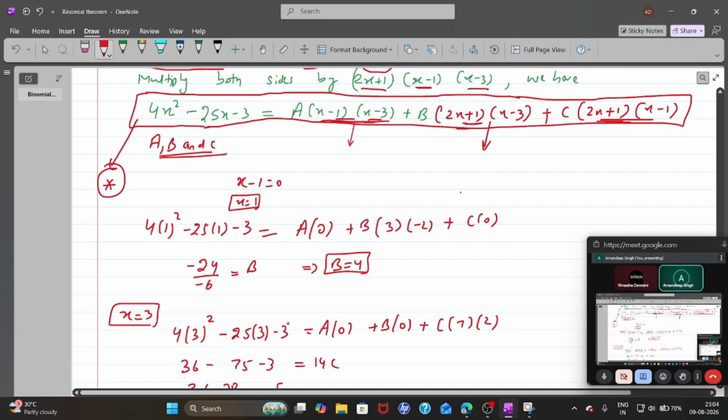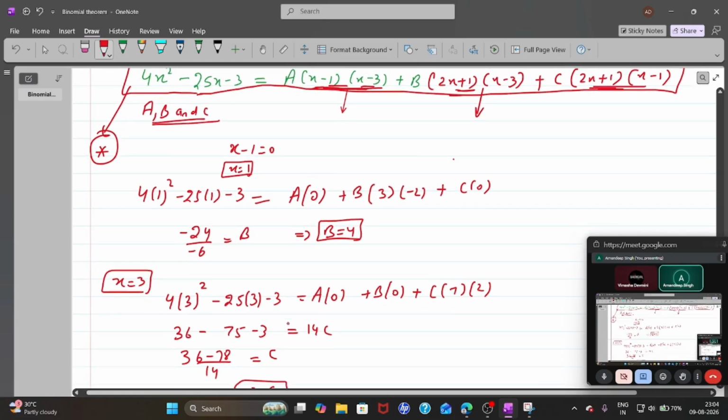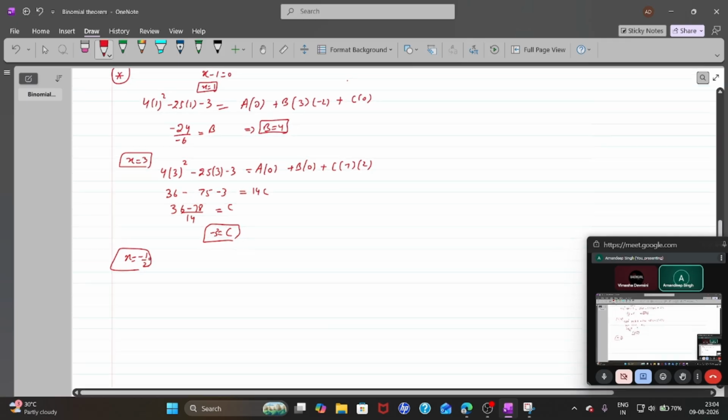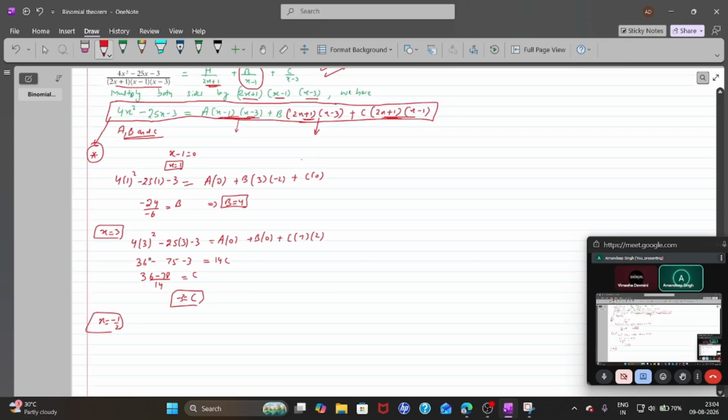Now the last value is x equal to minus 1 by 2. If I put x equal to minus 1 by 2 in the equation, then I will get 4 times 1 by 2 squared minus 1 by 2 squared plus 25 times 1 minus 1 by 2 minus 3. And the values of these two factors are 0.